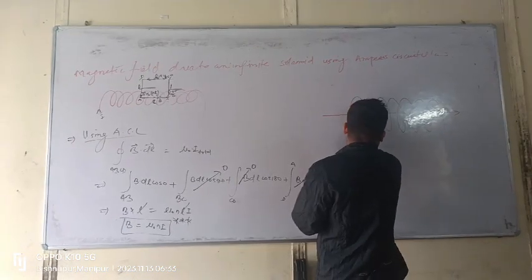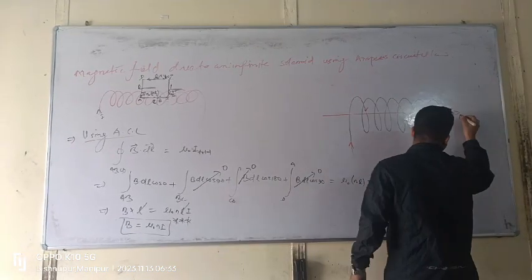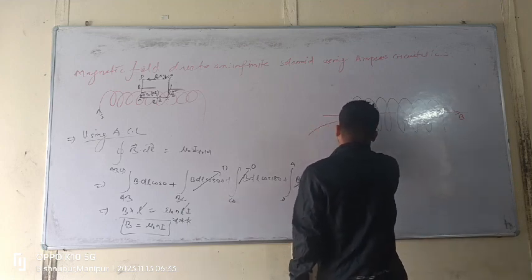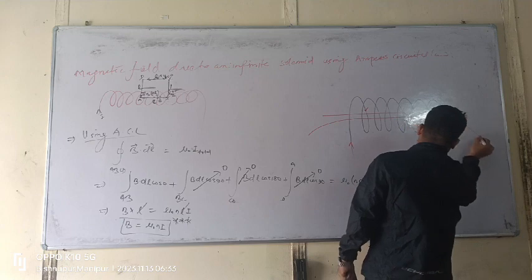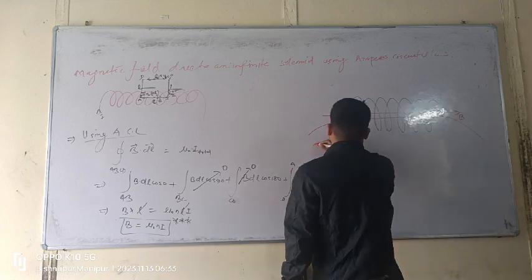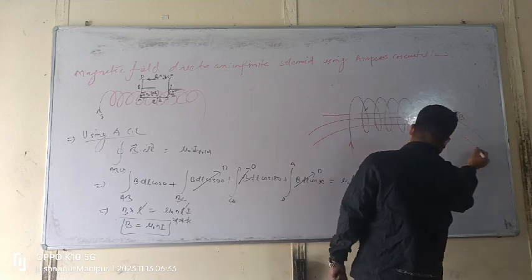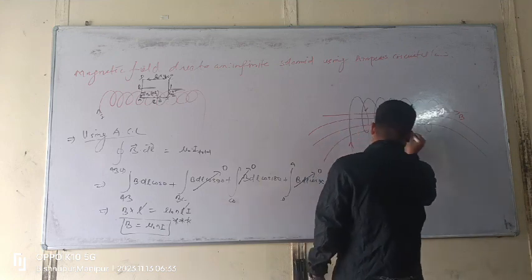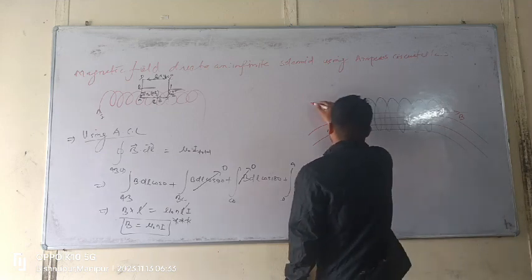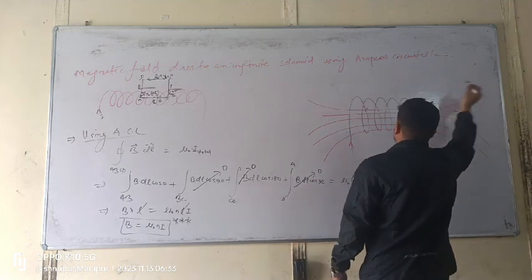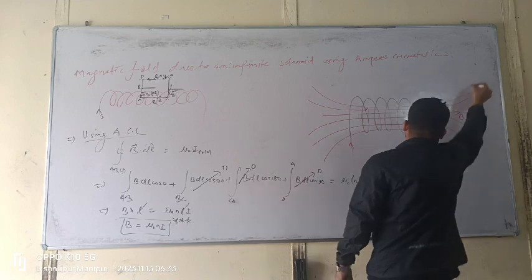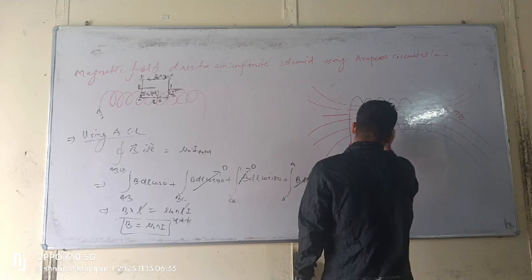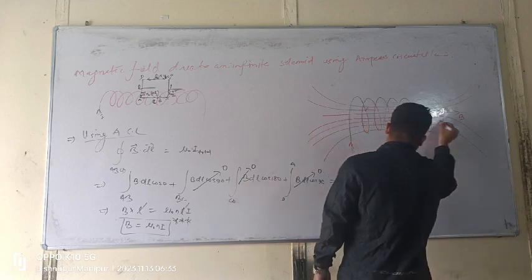If the current is coming like this, the magnetic field direction is here. Will it be like this? Tell me, is this uniform inside this solenoid?